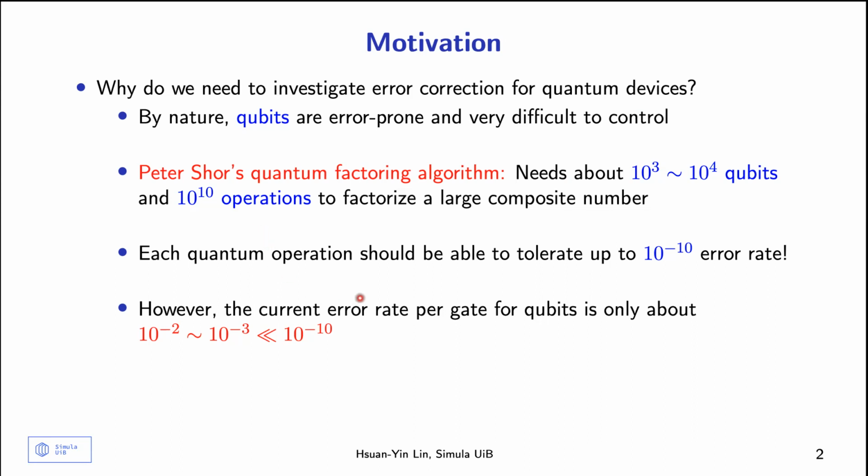The state of the art, of course, keeps updating these days if you keep track of the quantum magazines, but in general it is just 10 to the minus 2 and 10 to the minus 3. So again, this is far away from what we need.